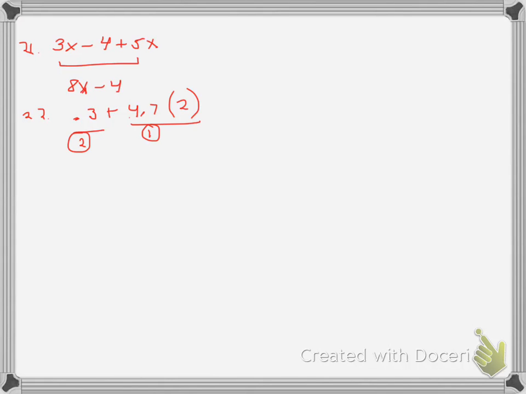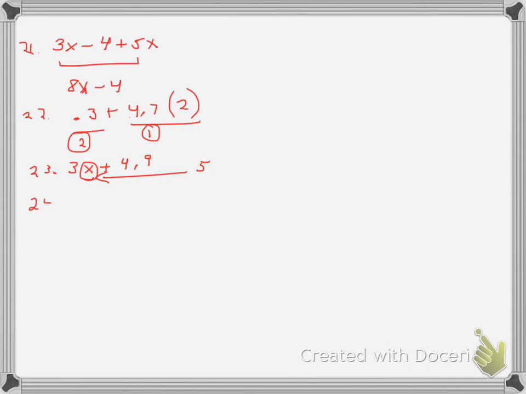Number 23 says evaluate 3x plus 4.9 if x equals 5. This is all review ideas. So this is that substitution. Plug a 5 in, say 3 times 5, and then add your 4.9.